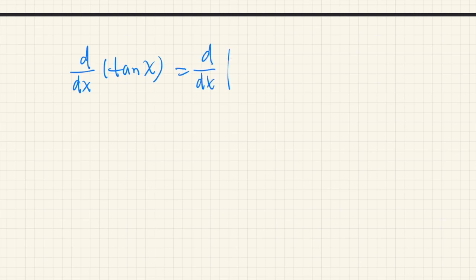Okay, so let's see a simple example. So let's differentiate tangent x. Okay, and tangent x by definition is sine of x over cosine of x. So we can use the quotient rule. So let's do that.